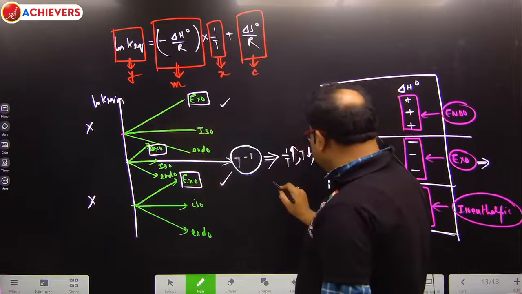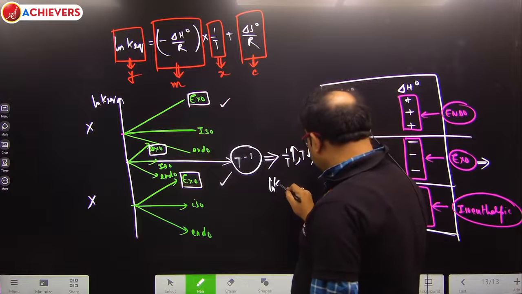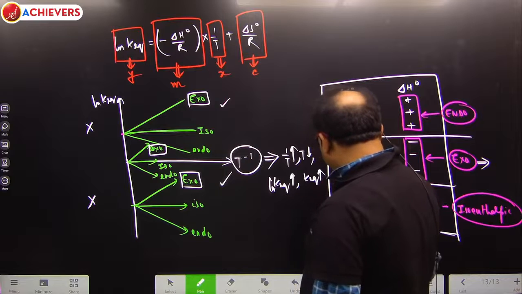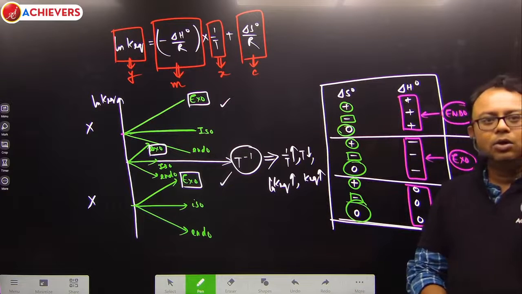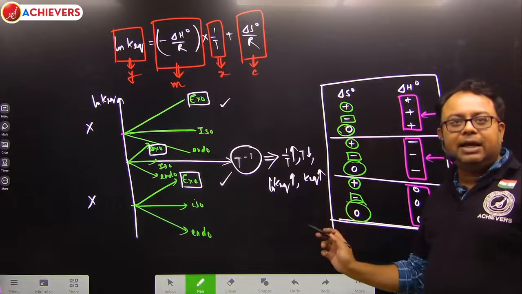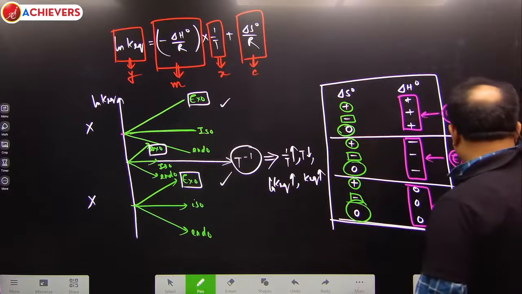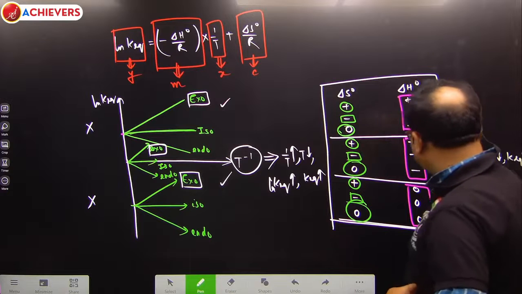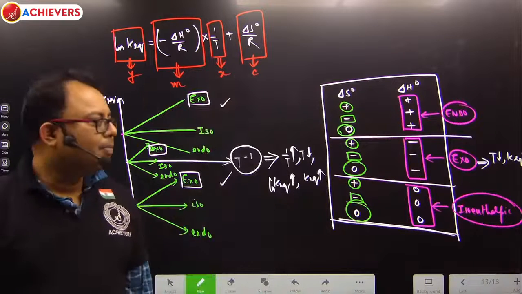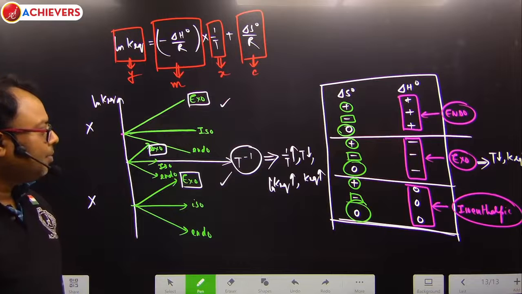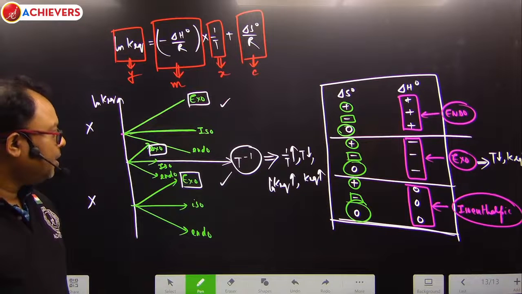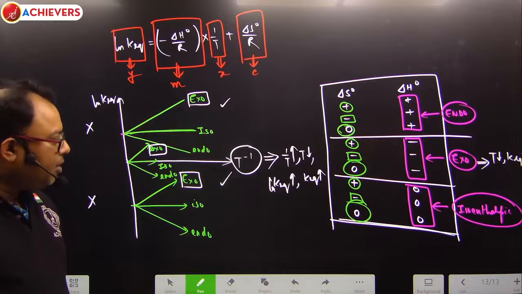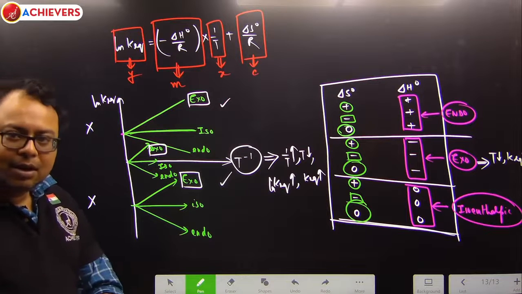Now ln K equilibrium is increasing. That means K equilibrium is increasing. So with lowering of temperature, the equilibrium constant will increase. If you lower the temperature, K equilibrium increases.